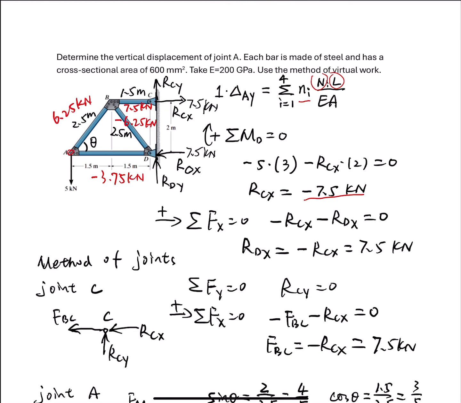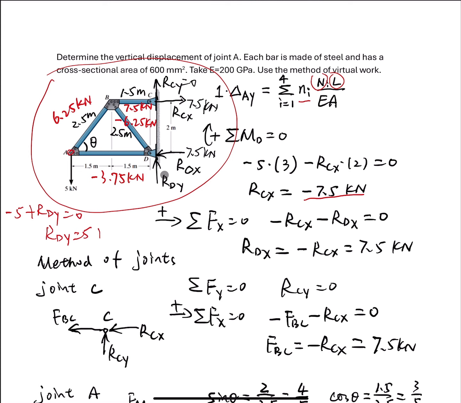And then we know RCY equal to 0. If we write down the equation of equilibrium in the y direction for the whole system, we know 5 kilonewton is going downwards, so it's negative, and RDY equal to 0, then we can derive RDY equal to 5 kilonewton.